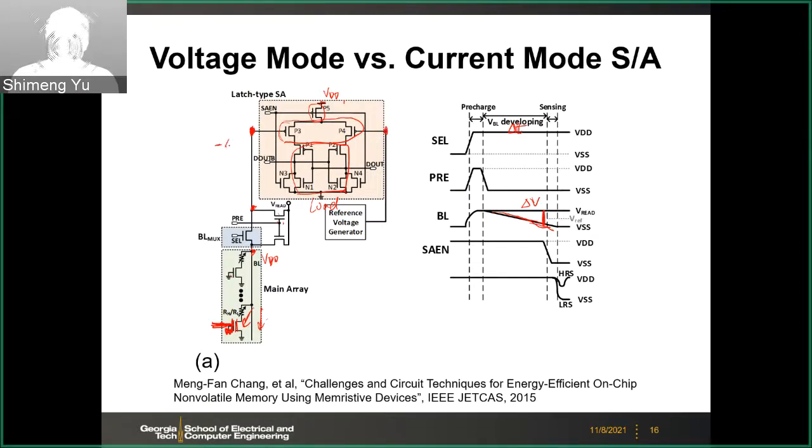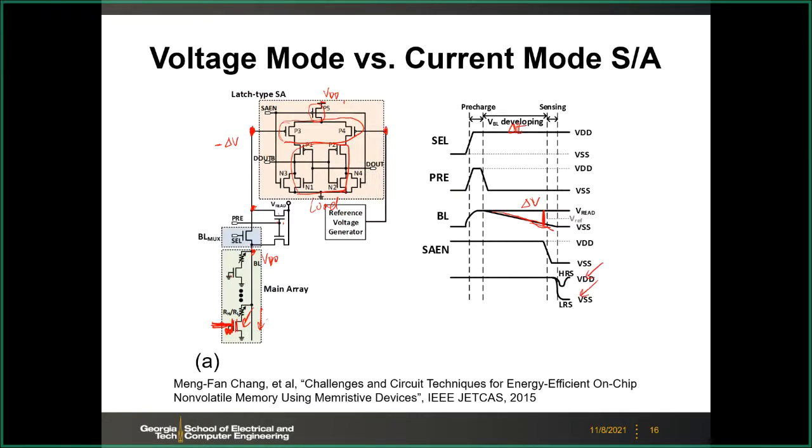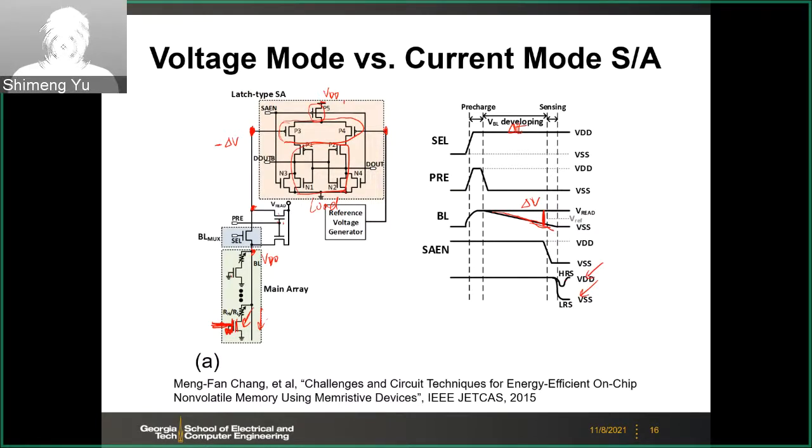You have a negative delta V here. And then you turn on the sense sampling enable. Then this latch will start flipping, and then you will get the output depending on the decay speed.